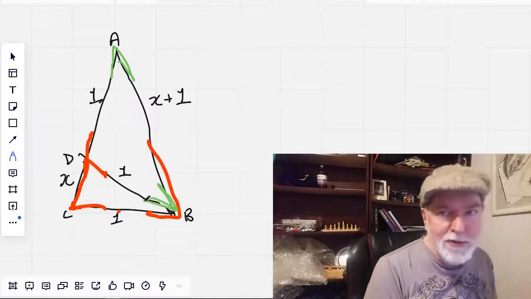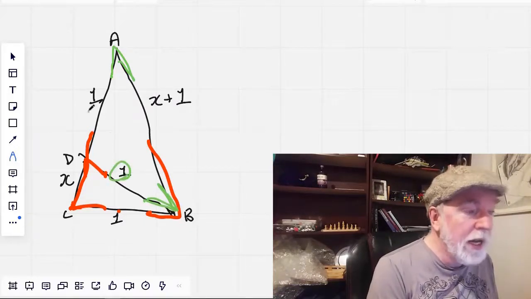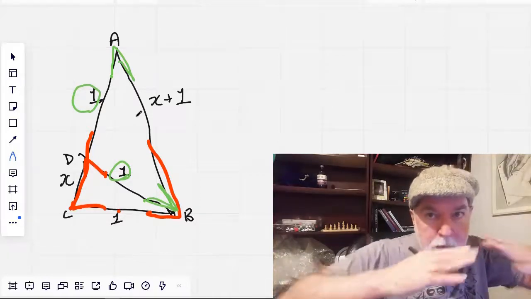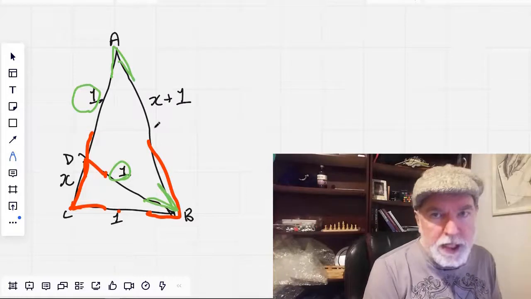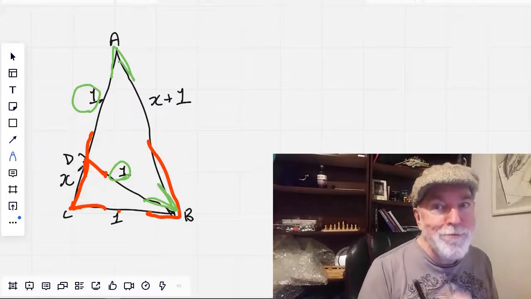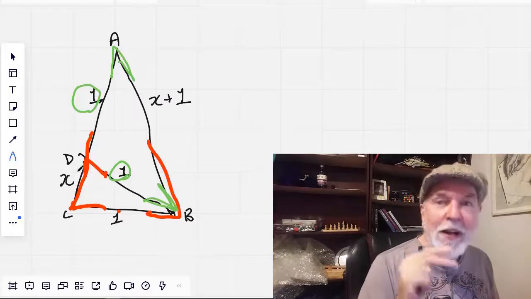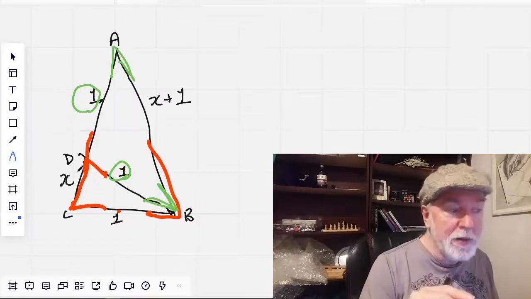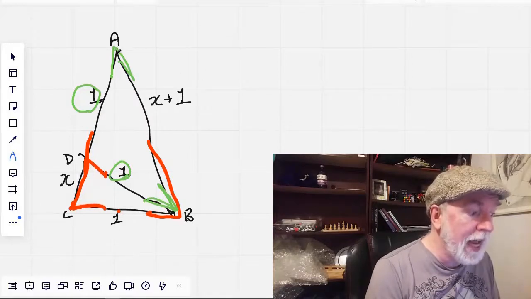Why? Because we've got another isosceles triangle. We've got the one here and the one here. So it's a wider isosceles triangle with skinnier angles at the base. So we basically got 3 isosceles triangles. But the thing to notice here is that 2 of them are similar. And that's the big triangle that we start out with, ACB.